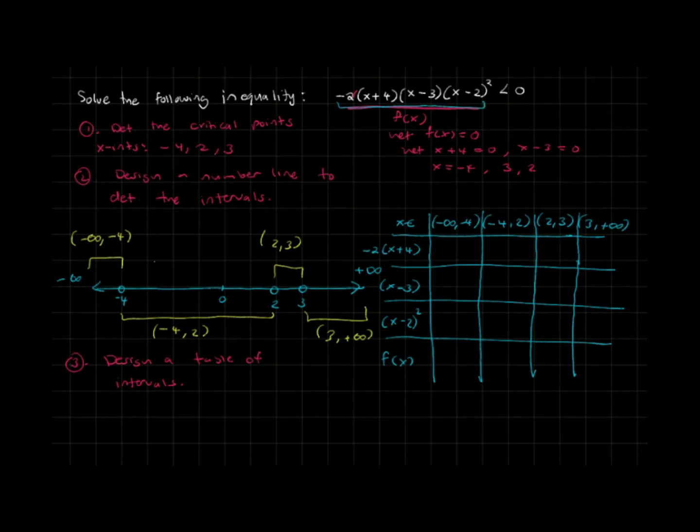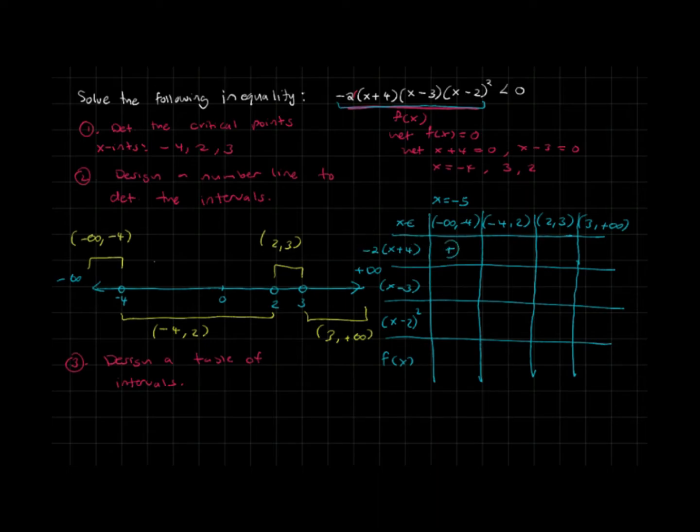Now within each interval, I'm going to find a certain value of x. So that's why I wrote down x belongs to each of these values within the interval. So between -infinity and -4, I'm going to let x equal -5. If I let x equal -5, I'm going to apply this value to all of my factors in this column. So when x is equal to -5, we get -5 plus 4, which is -1, times -2, which is positive 2.